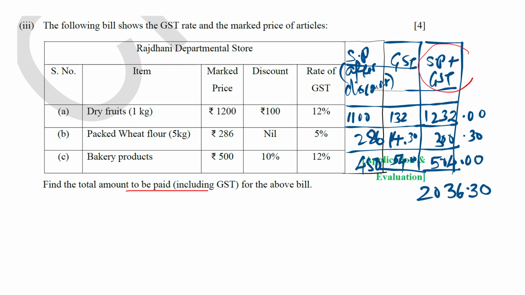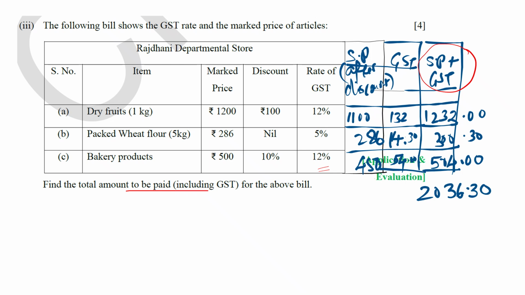This is what you are interested in. So this is selling price plus your GST. Then here no discount, so same amount with 5% GST, 14.30 is the GST. Total amount is 300 rupees 30 paise. Then you will have 450 after 10% discount on 500. Then apply this 12% GST on this 450, you will get 54 rupees.